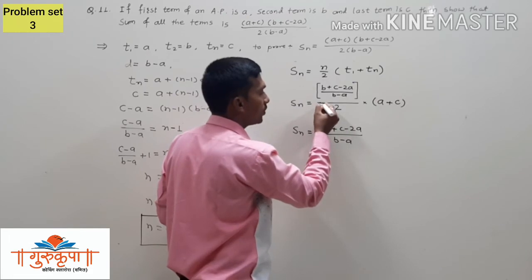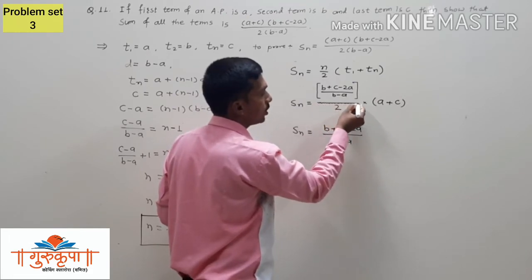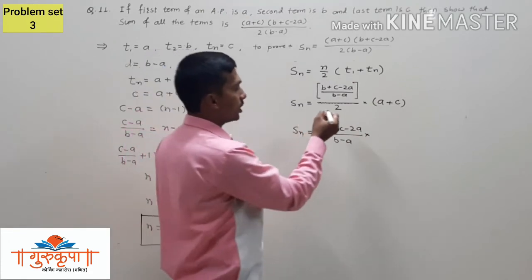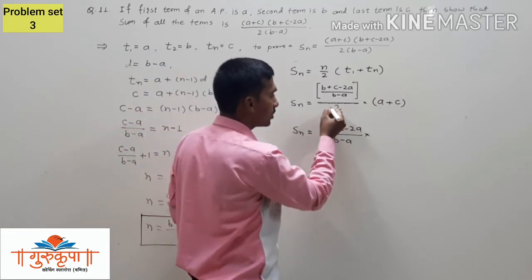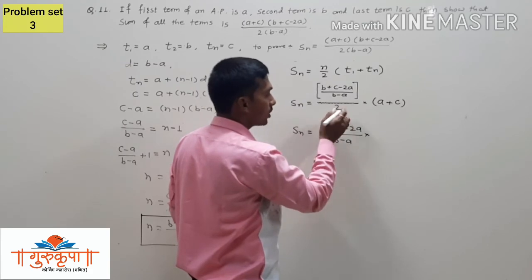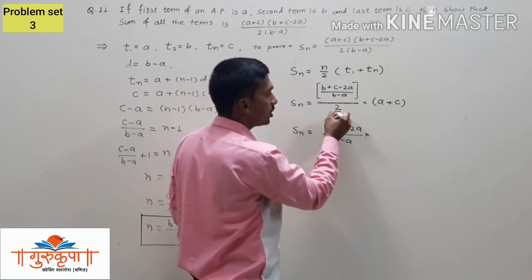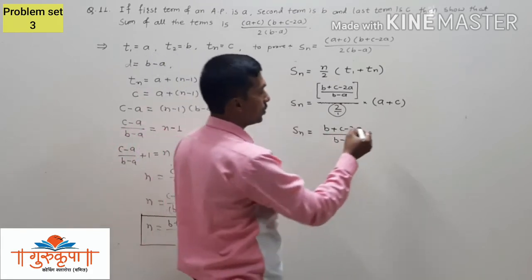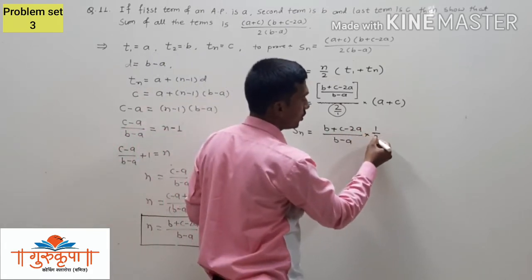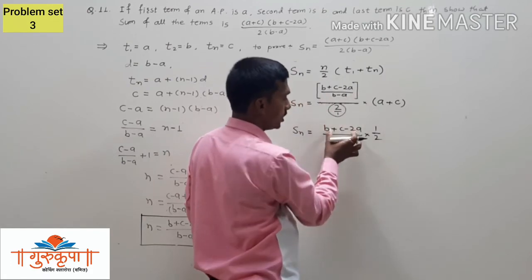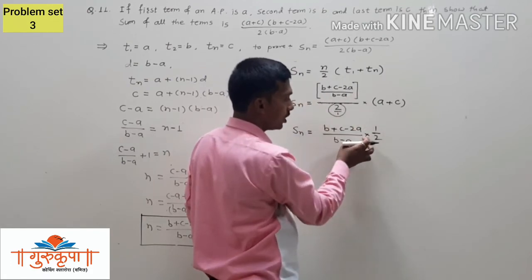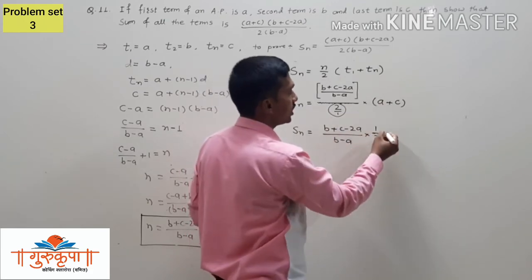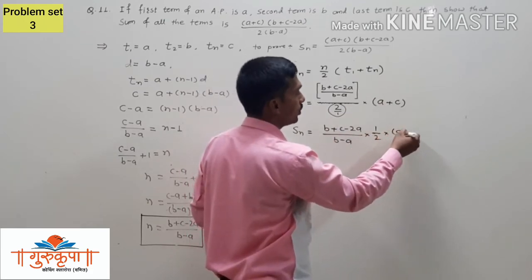Now in place of division we have to write multiplication, and then write the multiplicative inverse of the denominator. The multiplicative inverse of 2 is 1 upon 2. So here we write 1 upon 2, and this is as it is into the bracket (a + c).